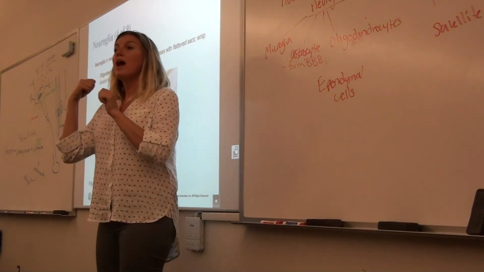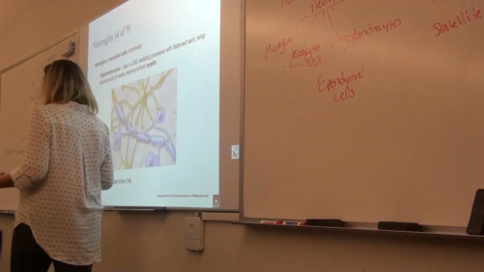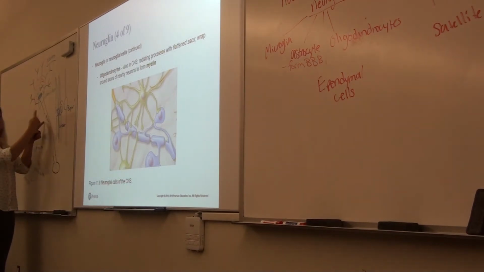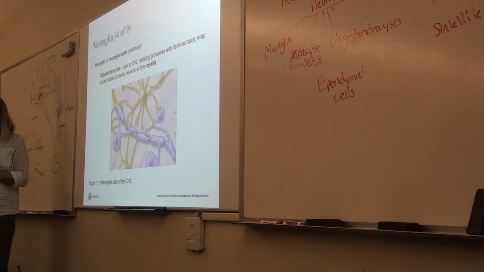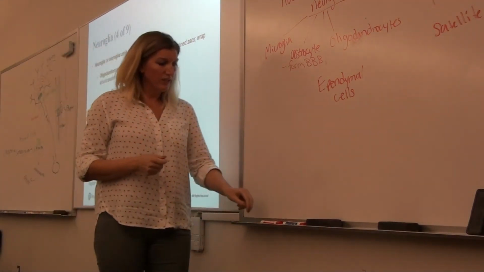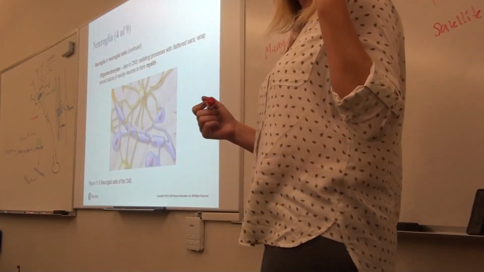Oligodendrocytes wrap around the axons of our neurons. So they're kind of like these insulating protective blankets, but they're cells that wrap around the axons. When they wrap around the axons, they form something called myelin. Myelin is there to help speed up action potentials. It helps the communication go fast.